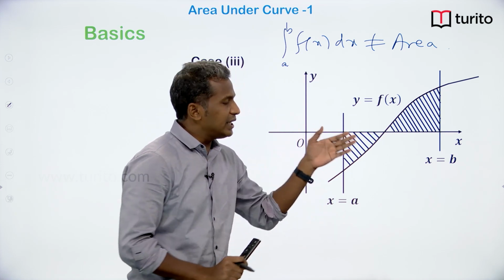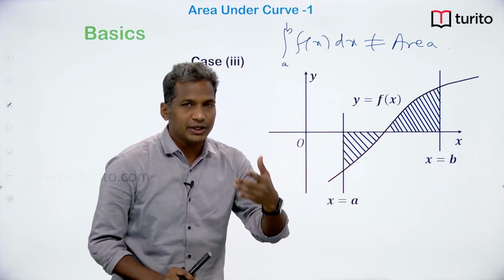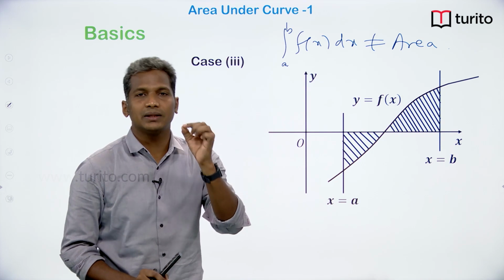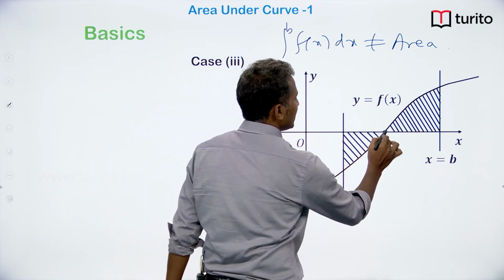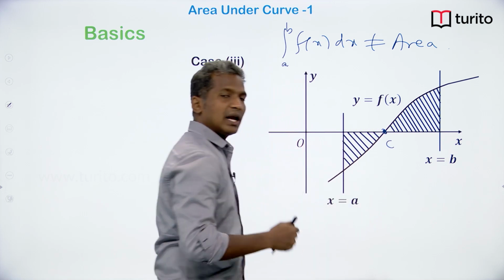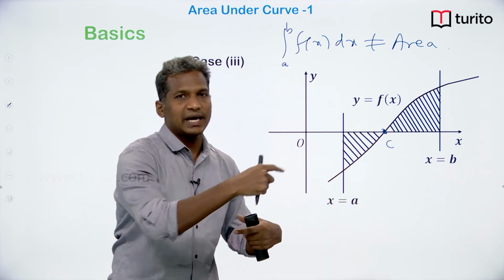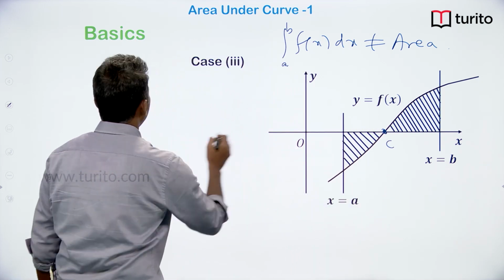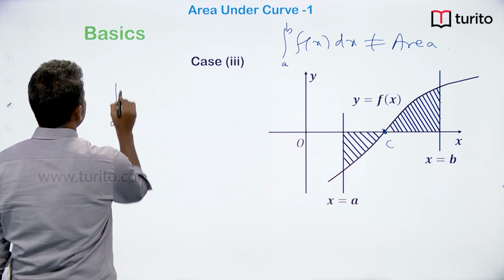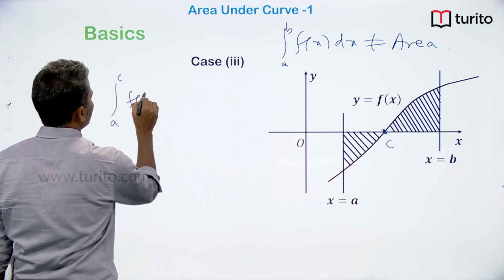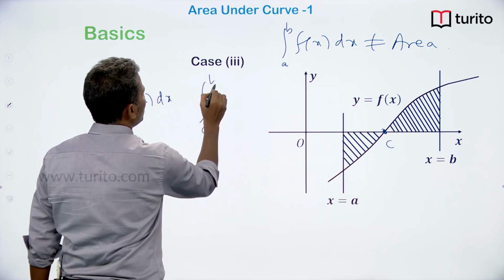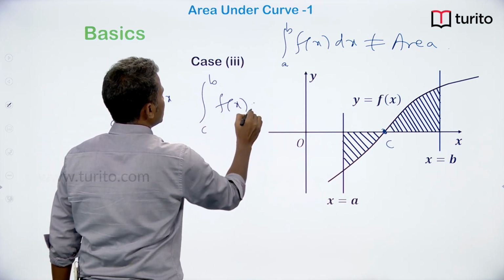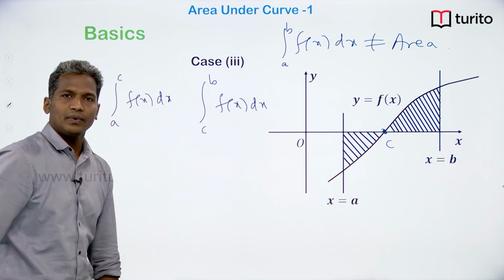So to find the area here, what we need to do is, first we need to break the integral into two different integrals. So we will break it at this point where f of x is crossing the x axis. So that means I will write two integrals here: integral a to c f of x dx, this is one integral, and integral c to b f of x dx, this is another integral.